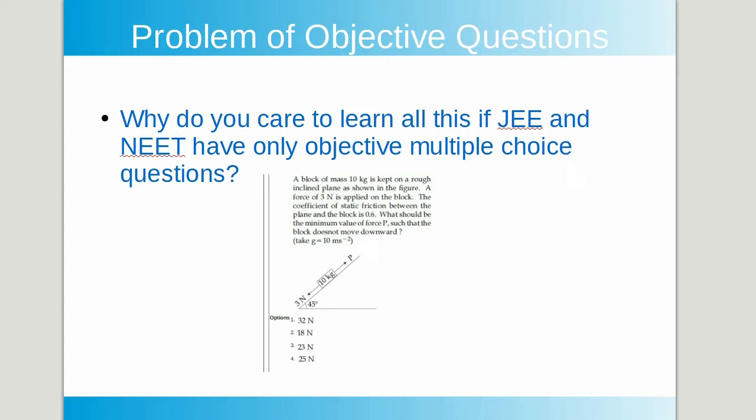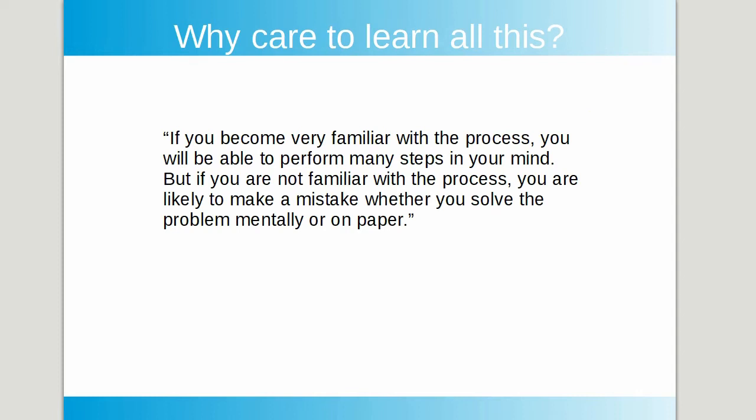But that should not be a goal. You cannot pass or get admission into a good college if your hit rate is 25%. So question is, why care to learn all this?